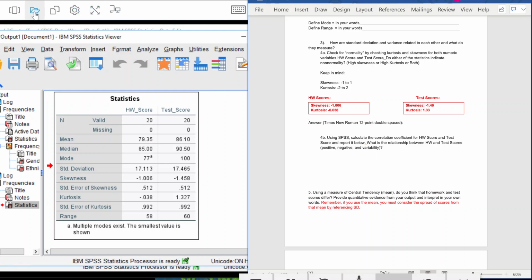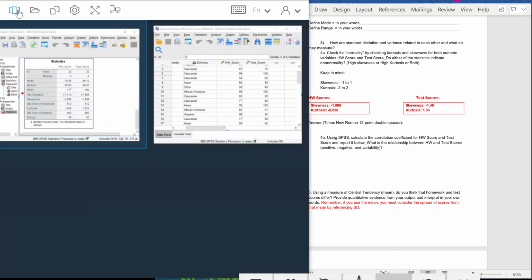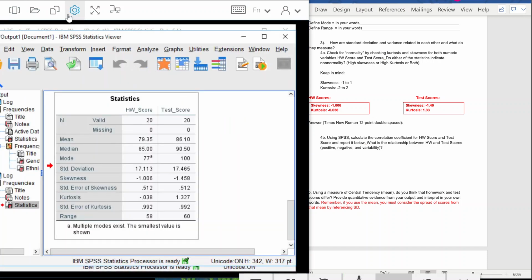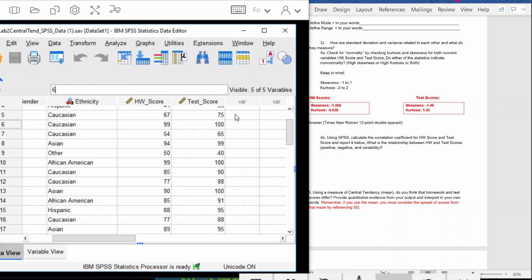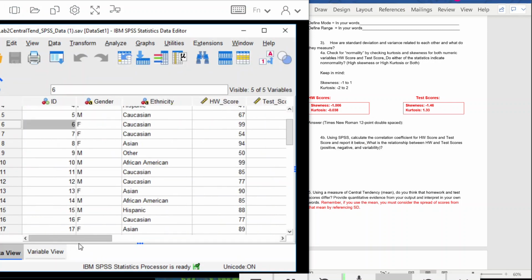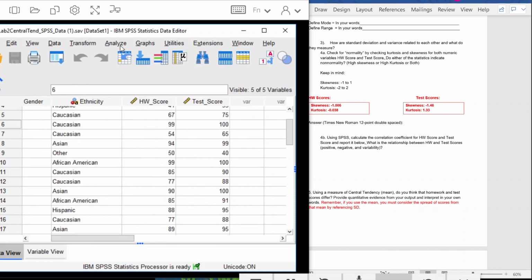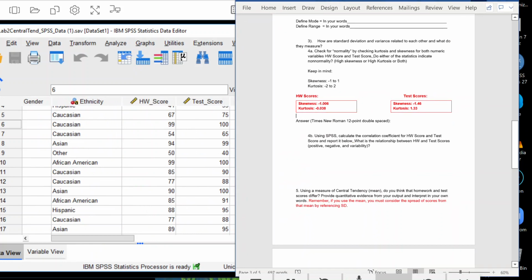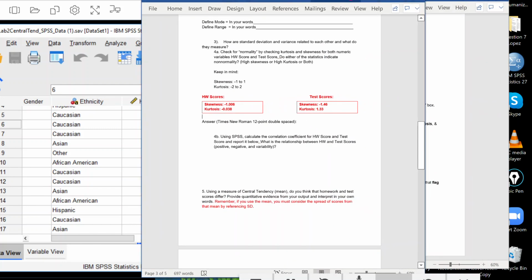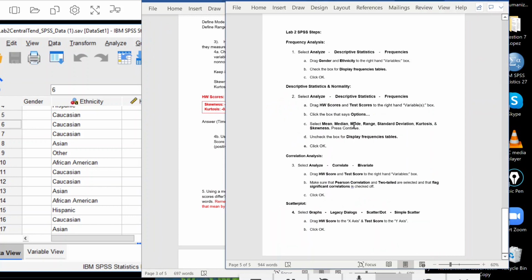So we're going to go into here, and I just want to get into this view just so for general practice you can orient yourself so that you're looking at the data. We're just following these directions here, folks. All right.